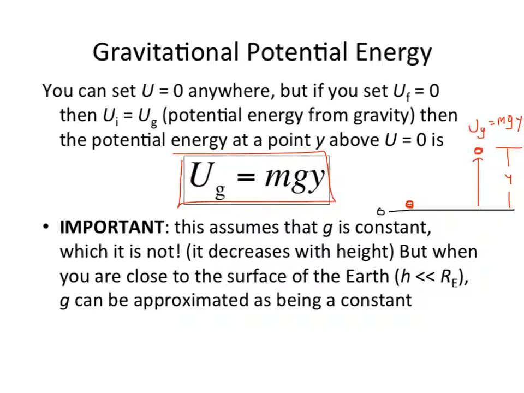So for small scale things, height can just be the same thing as y. But keep in mind that really you're already some very, very large height away from Earth's center of gravity. So we'll kind of split hairs on that a little bit later. But for now, what I'm going to say is that you can just call this mgy or mgh, and the problems will work out fine.